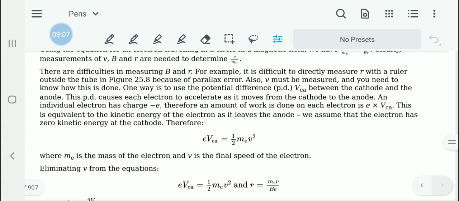Here you have to remember the capital V stands for the potential difference between cathode and the anode.